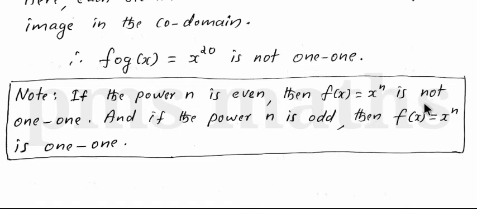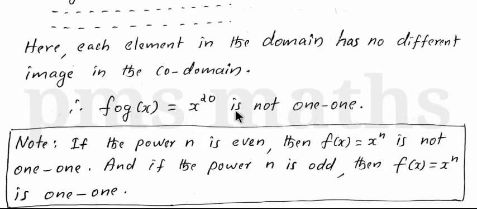Note. If the power n is even, then f of x is equal to x raised to n is not 1-1. Here, if the power is an even number, then this function is not 1-1. And if the power n is odd, then we can say f of x is equal to x raised to n is 1-1. Here, the power is even. Therefore, it is not a 1-1 function.